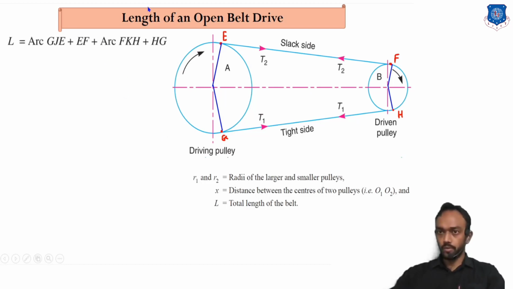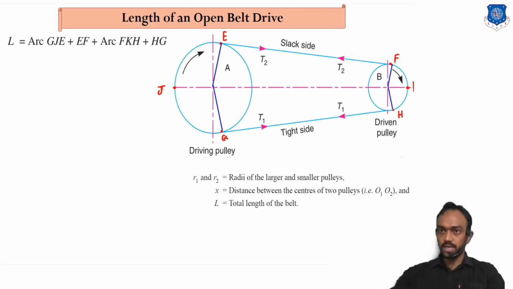So we will find the arcs. I am giving the names G and A. This total length is divided into the arcs GJE and FKH, and lengths EF and GH.